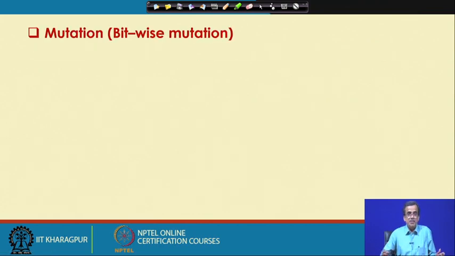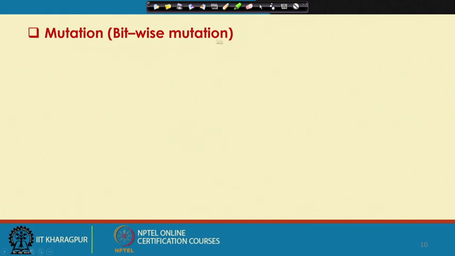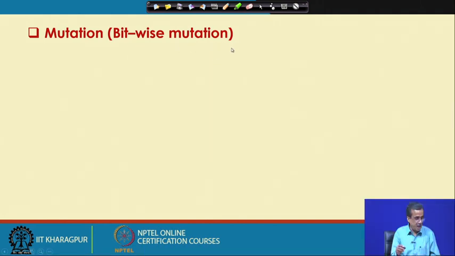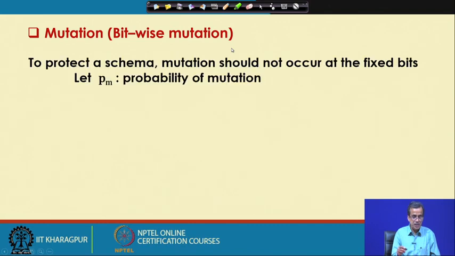Now, let us see if I consider the mutation, and here I am going to consider bitwise mutation. To protect the schema, mutation should not occur at the fixed bits. The number of fixed bits is denoted by the order of a particular schema.